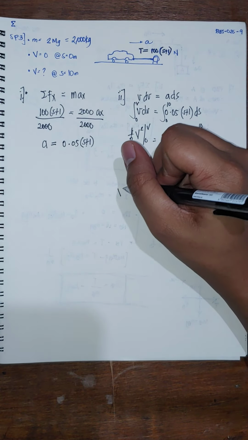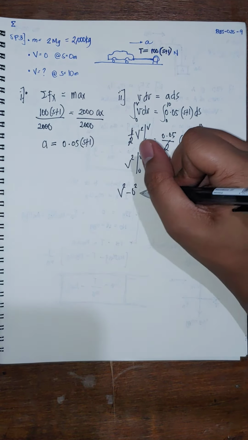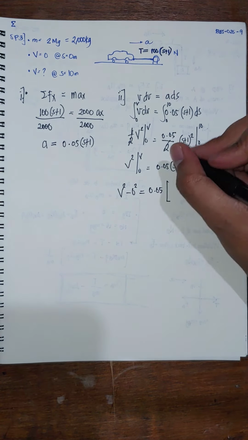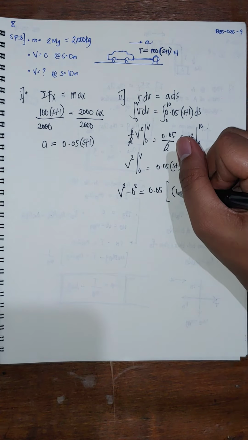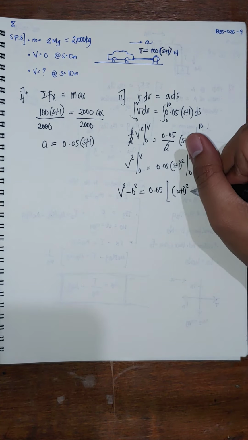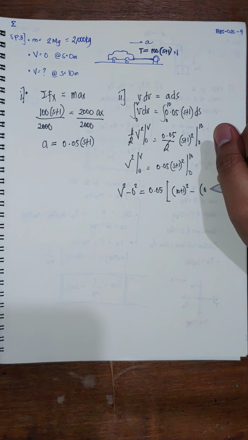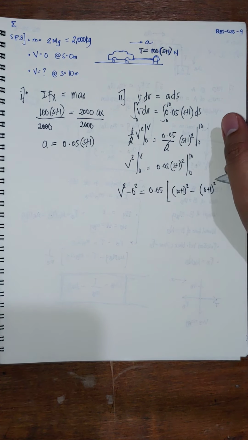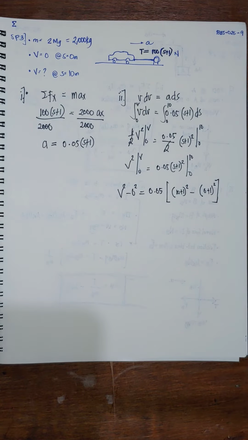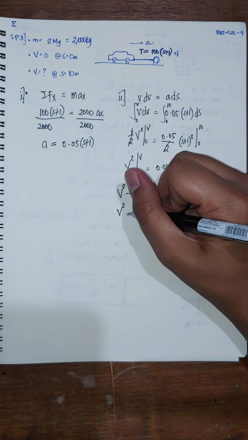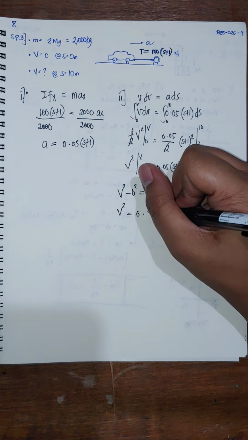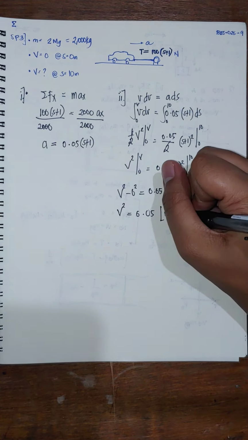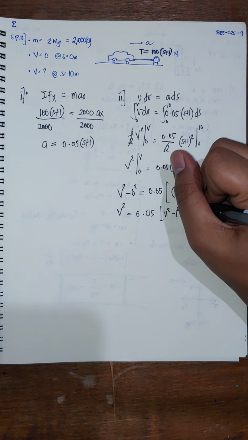So applying the limits, we have V squared minus 0 squared is equal to 0.05 times, so S plus 1, you have 10 plus 1 squared minus 0 plus 1 squared. So we have here V squared is equal to 0.05 times 11 squared minus 1 squared.